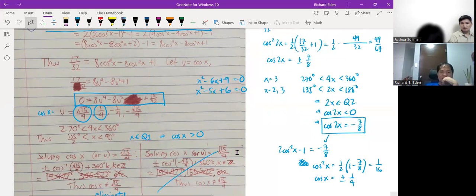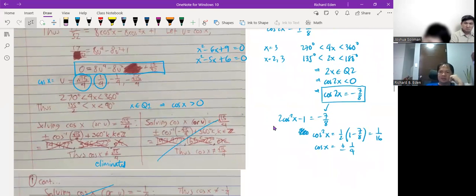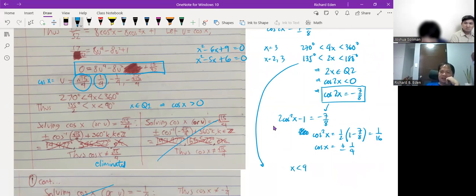And then I think we already argued that x is in the first quadrant. That's because here x is less than 90 degrees, greater than 135 degrees over 2.